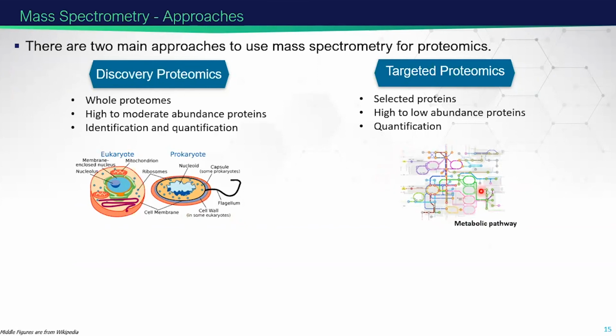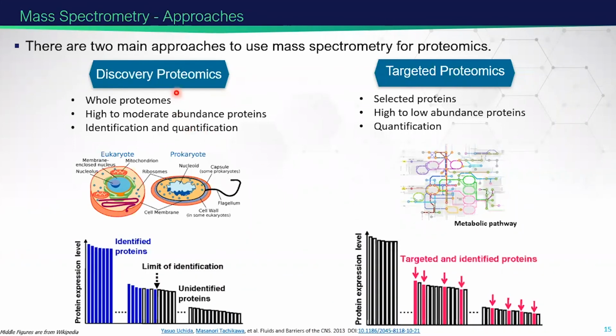For example, in metabolic engineering, you are interested in some metabolic pathway enzymes, so you will only be analyzing those proteins. Also, because of the way the instrument is running, discovery proteomics is mostly identifying and quantifying high to moderate abundance peptides and proteins. Targeted proteomics has better sensitivity.